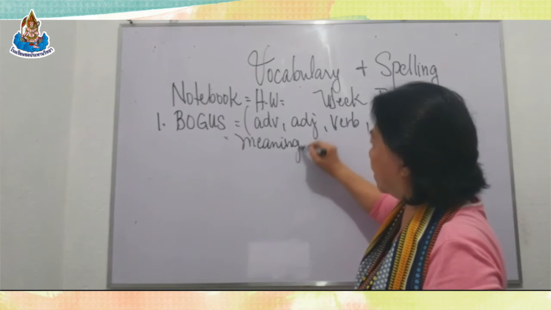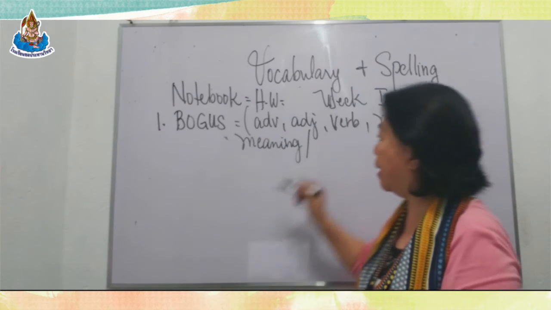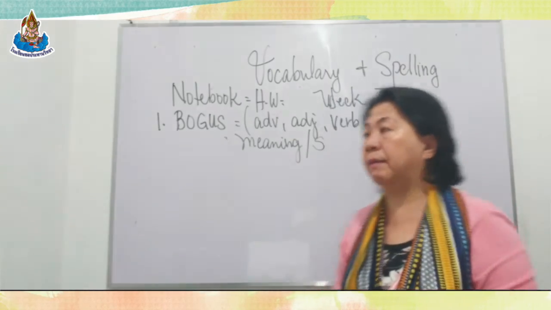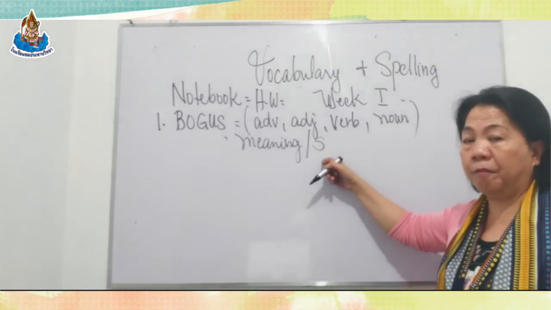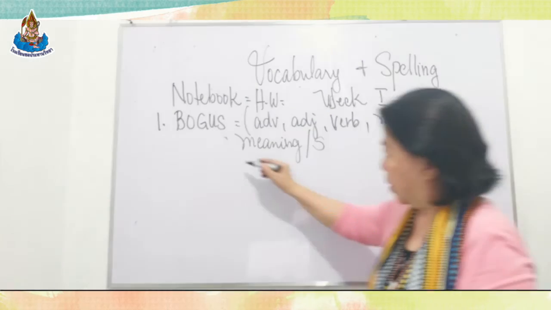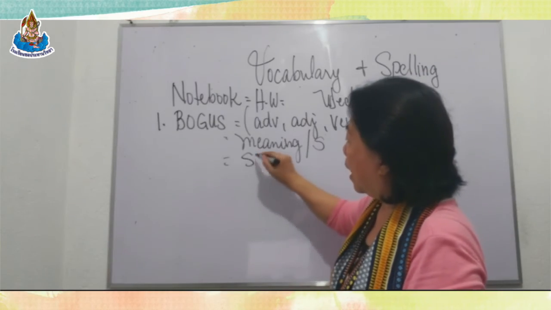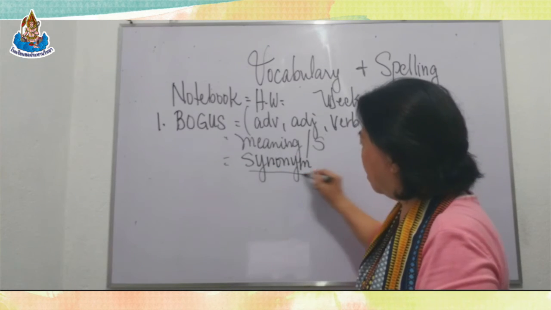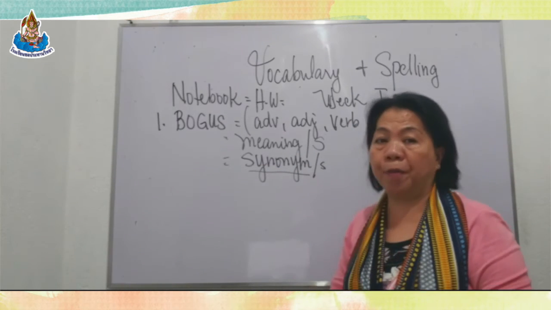If you find that there is more than one meaning, then maybe it would be best that you really get also the other meaning of that word. And lastly, you also try to search for the synonym or synonyms of the word.